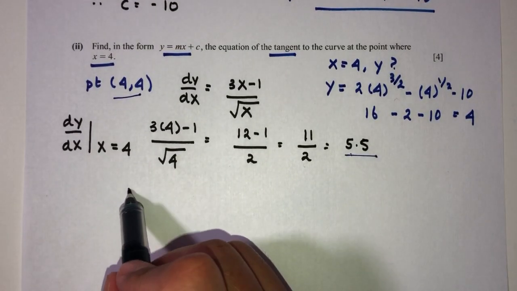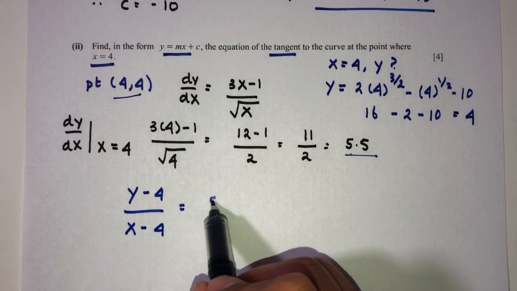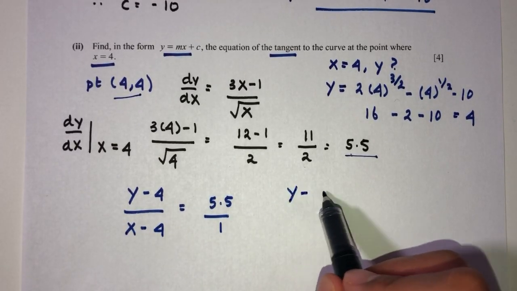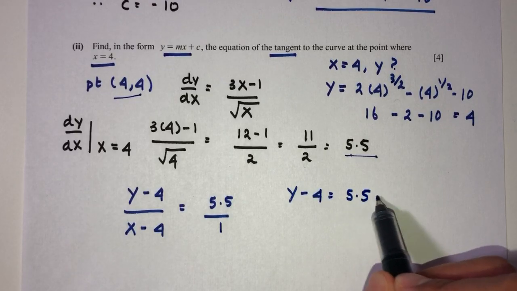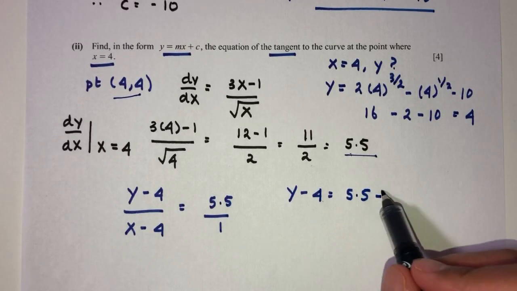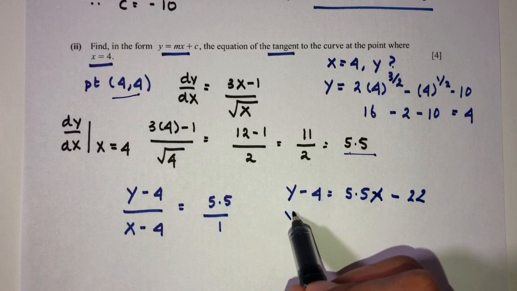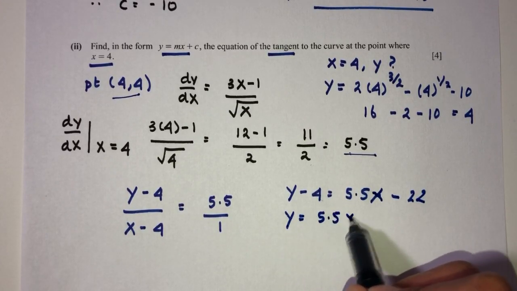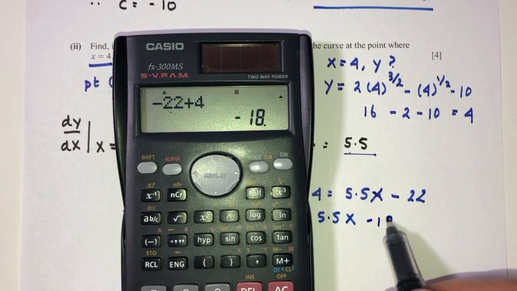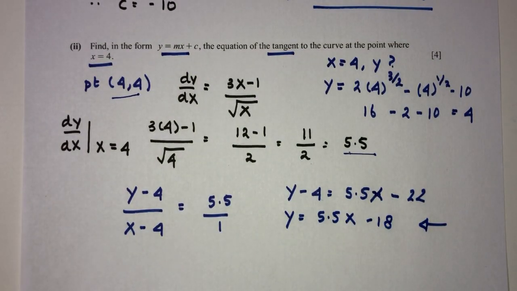So that will be (y minus 4) over (x minus 4) is equal to 5.5 over this. Cross multiply, you will have y minus 4 is equal to 5.5x minus 22. That is x, of course. So y is equal to 5.5x minus 22 plus 4. That is minus 18. And that is the equation of your tangent in this form.